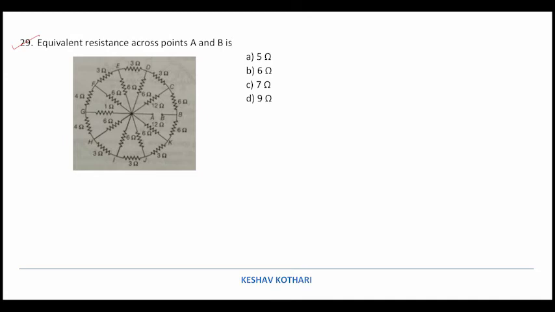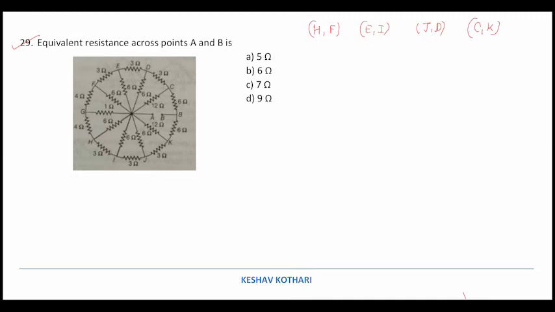And hence, whenever I solve this circuit, we will find the equipotential nodes. So I can say that H and F are equipotential nodes, E and I are equipotential nodes, J and D are equipotential nodes, C and K are equipotential nodes.